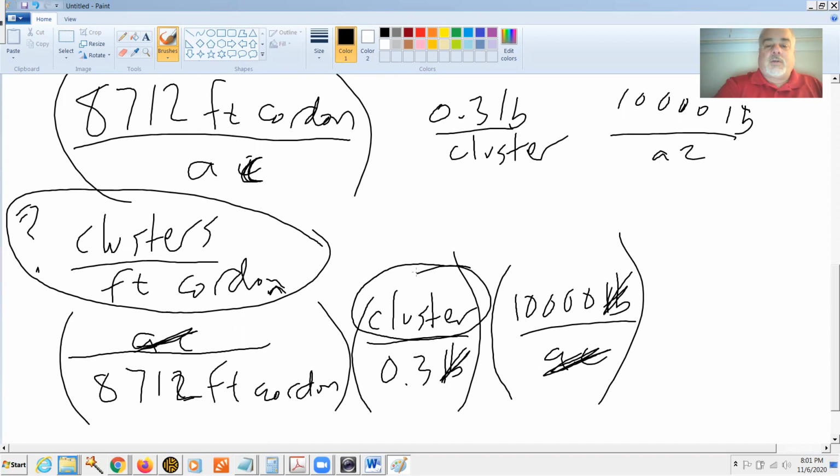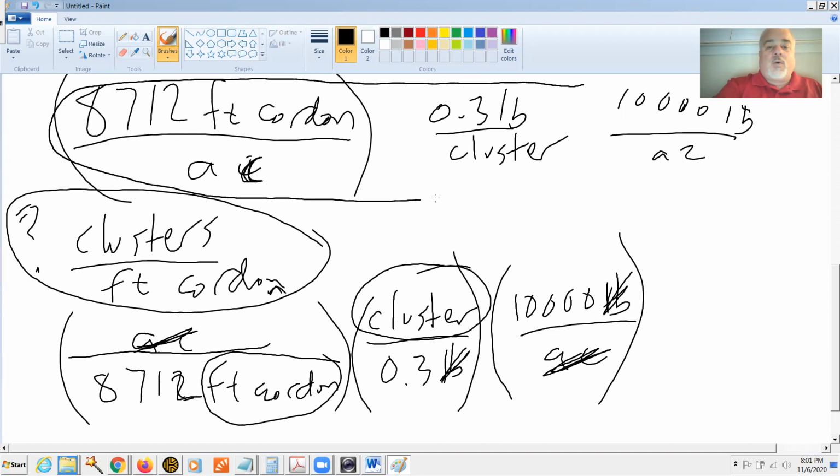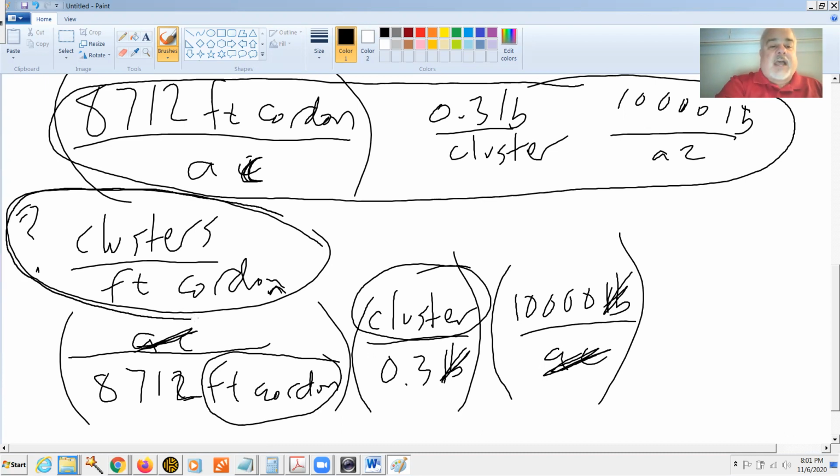What am I left with? Clusters per foot of cordon. Done. Did I stress about math? No, I lined up all of my information that I know. I next made sure I looked at what I'm asked to provide.